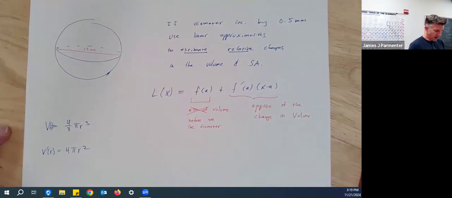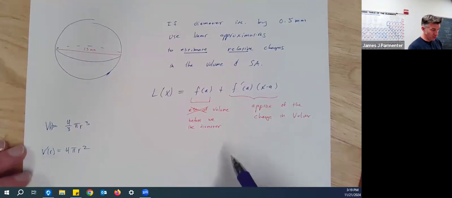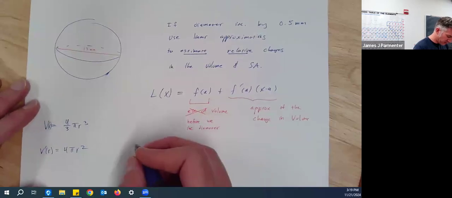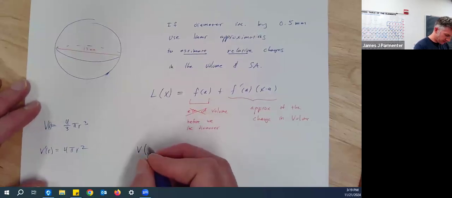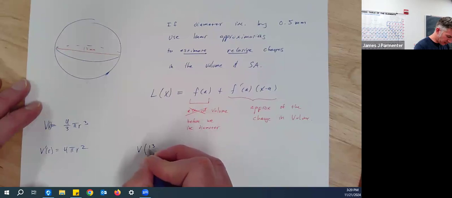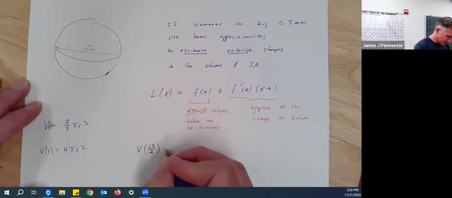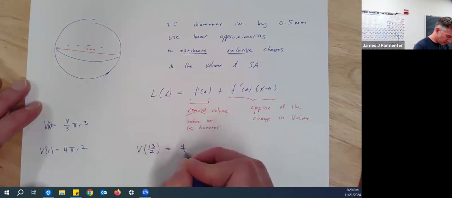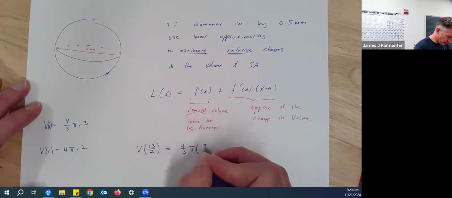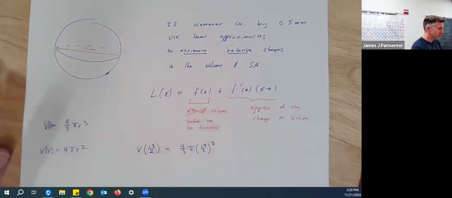So then I know that my radius that I'm going to plug in is half of 13. So at my nice value, my V of 13 millimeters divided by 2 is going to be 4/3 pi times 13/2 cubed.